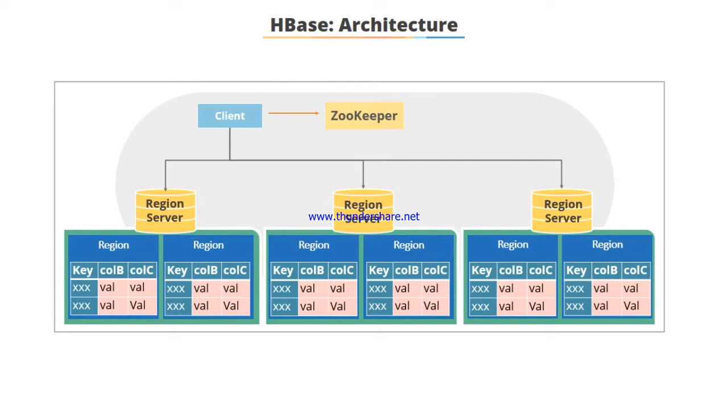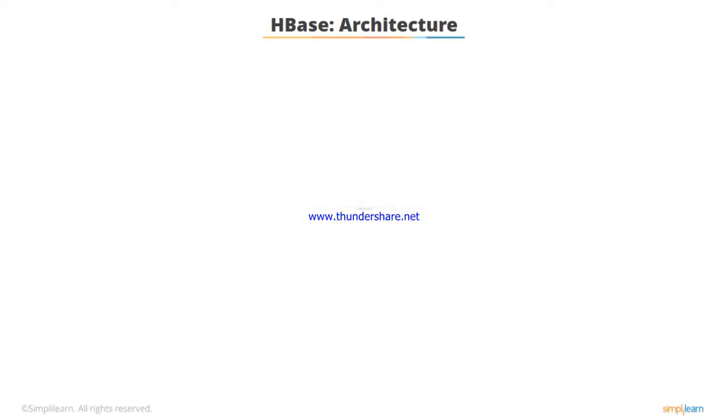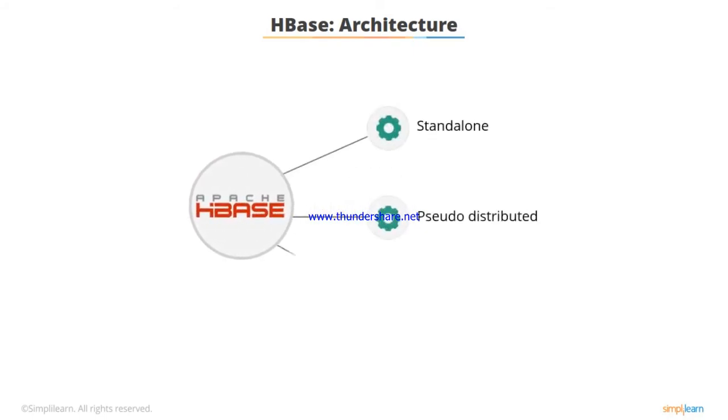It then obtains the row from the corresponding region server. For read actions that take place thereafter, the client uses the cache, retrieves the meta table location using the previously passed row keys. HBase setup can be in any of the following modes: standalone, pseudo-distributed, fully distributed.